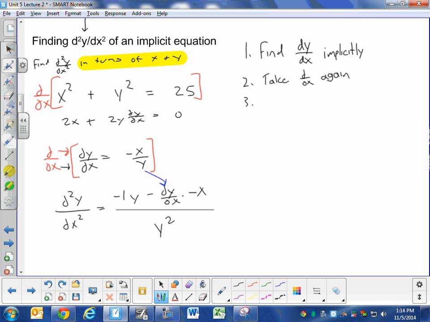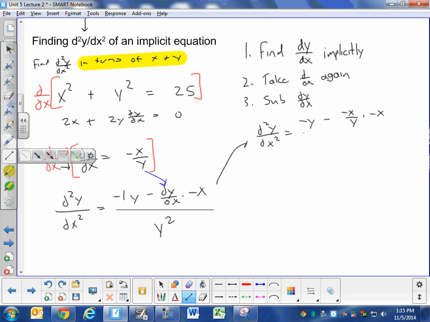So step 3 is to substitute for dy/dx. So I'm going to move that up here. It's going to be d squared y over dx squared equals negative y minus negative x over y times negative x, all over y squared.